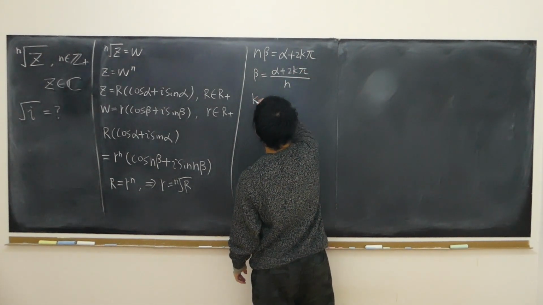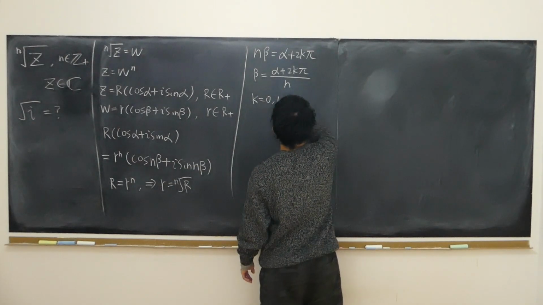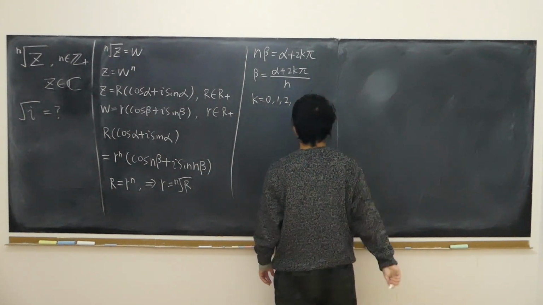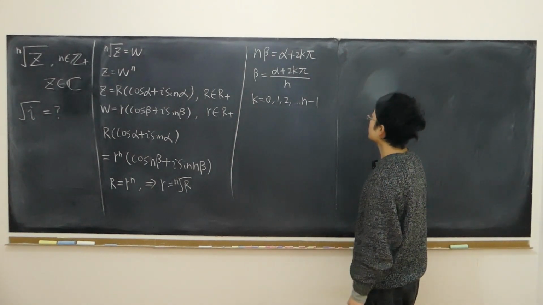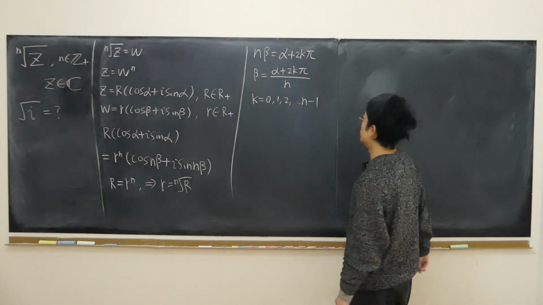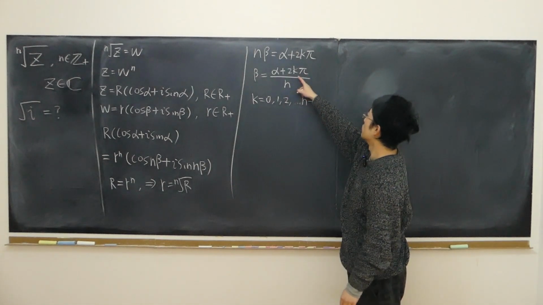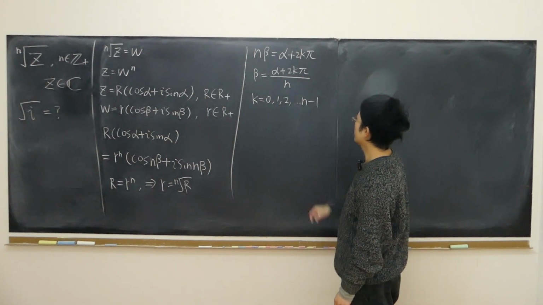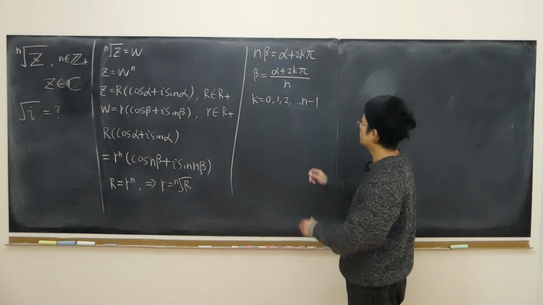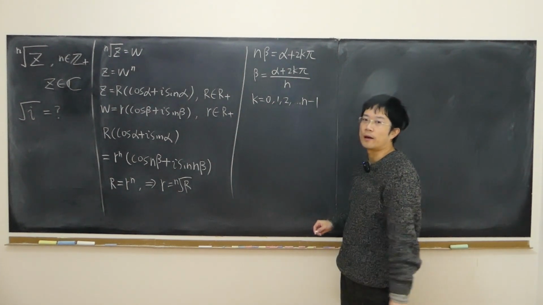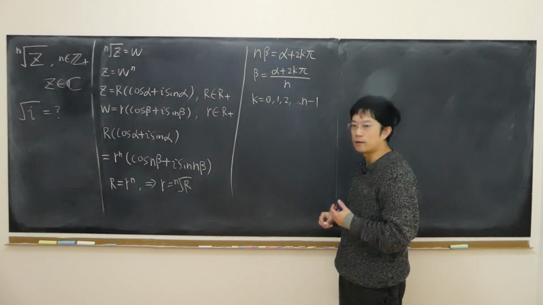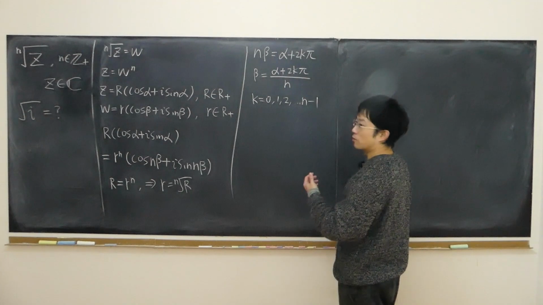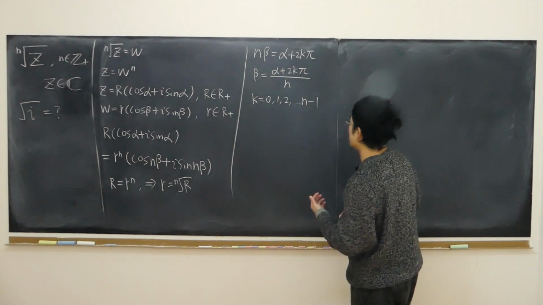K goes from 0, 1, 2, all the way up to n minus 1. The reason is that if k was equal to n, then 2n pi divided by n becomes 2 pi, so it'll again be some angle plus 2 pi, with exactly the same consequence in terms of cosine and sine. It'll just be repetitive, so meaningless.